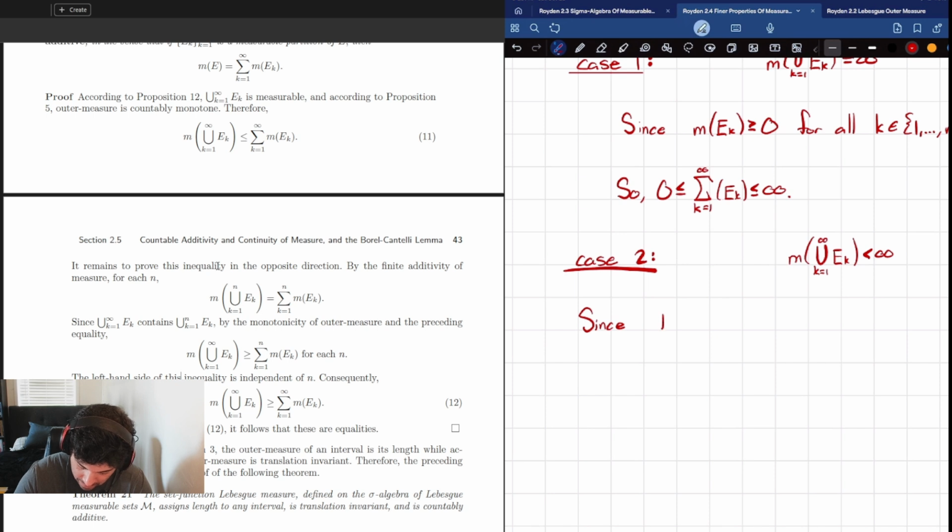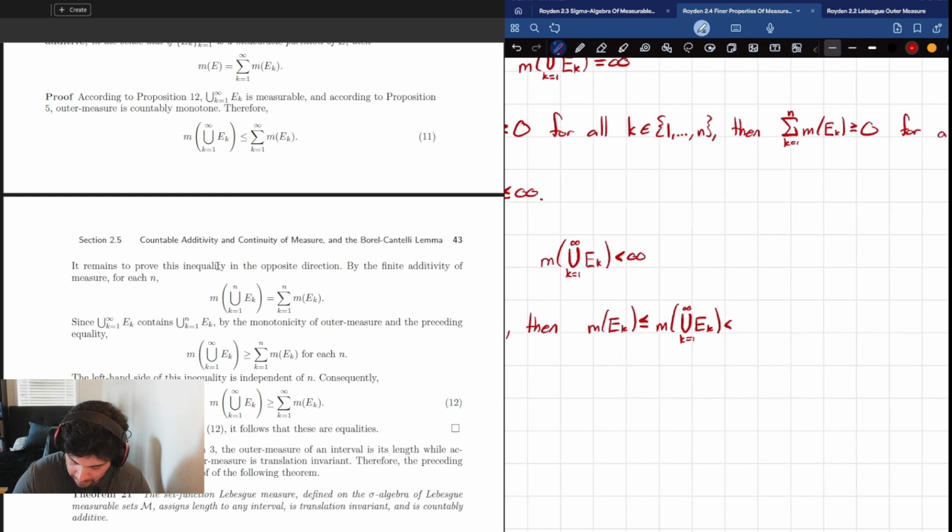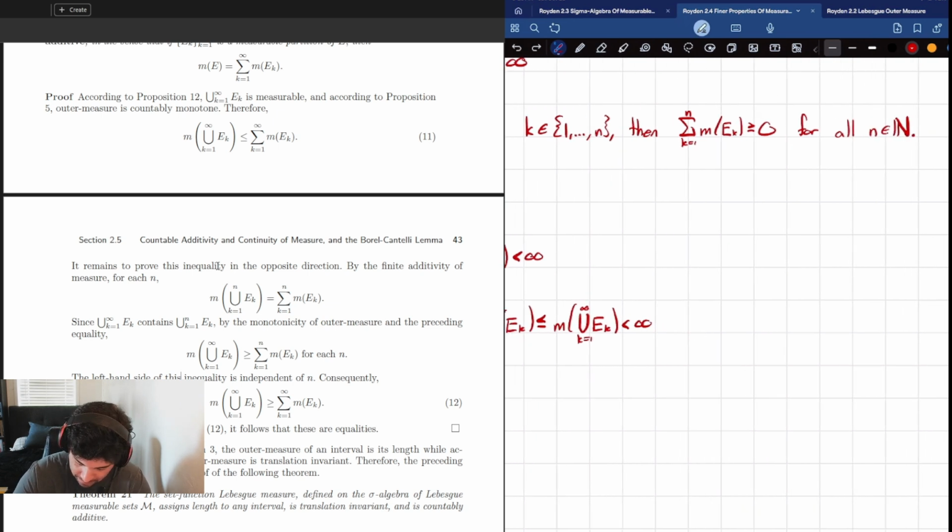So since e sub k is a subset of the union of e sub k, then the measure of e sub k is less than or equal to the measure of the union of e sub k, which is less than infinity. And that was by result 2.4.